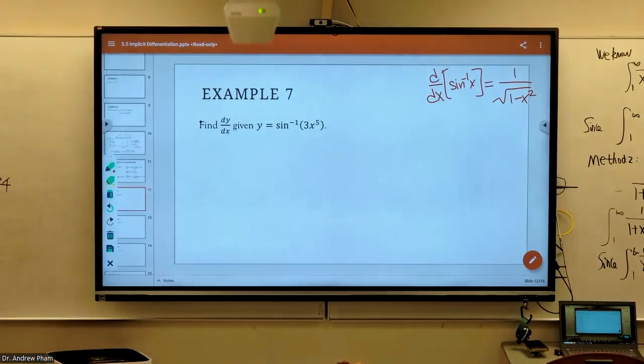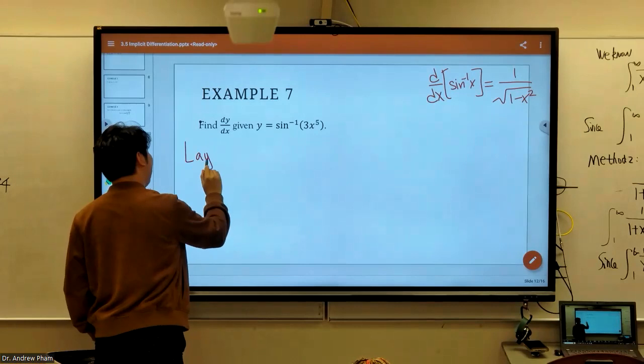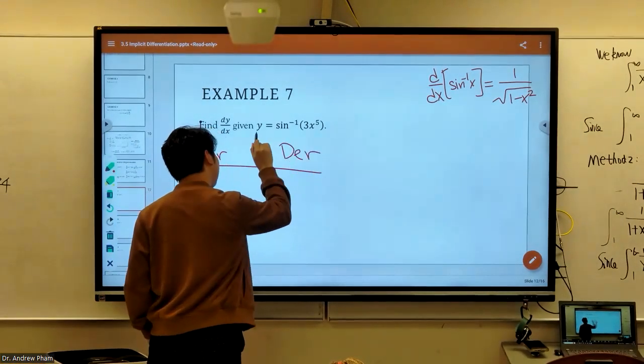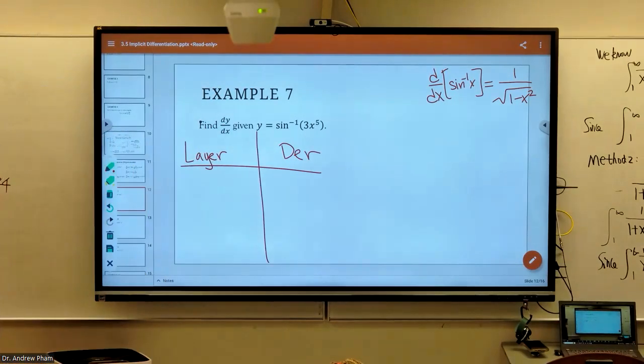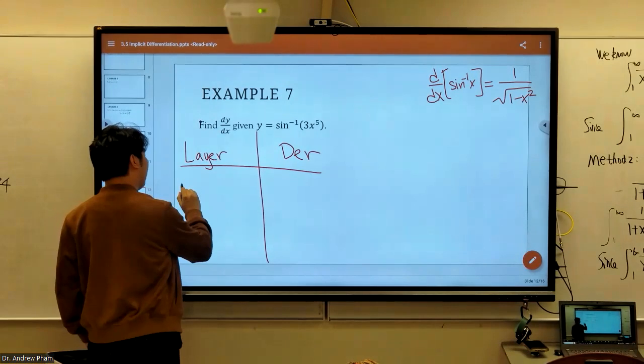So looking at this example 7, the first thing I'm noticing here is that I have more than one layer to this function. So let's go ahead and try doing it as a layer list. So let's list the layer and then the derivative after. What is the outermost layer of this function? Yeah, the outermost layer here is arc sine, or you say sine inverse, whichever.